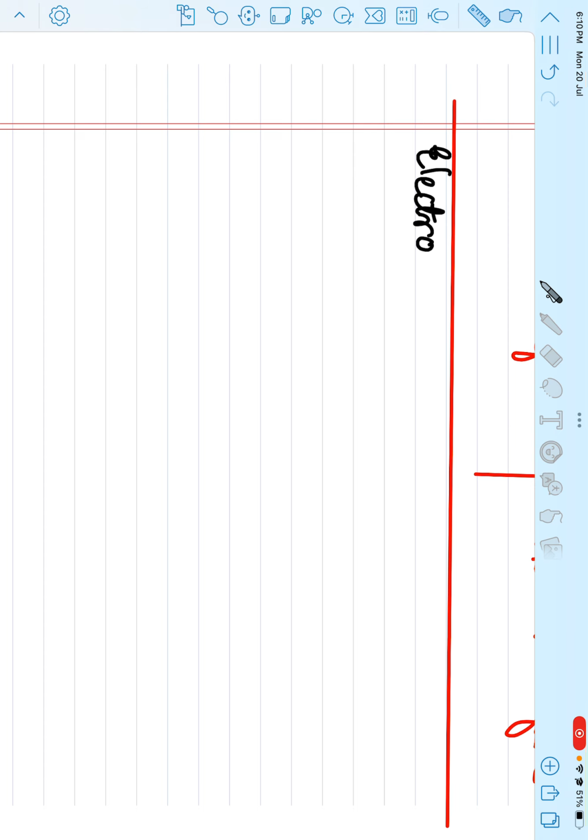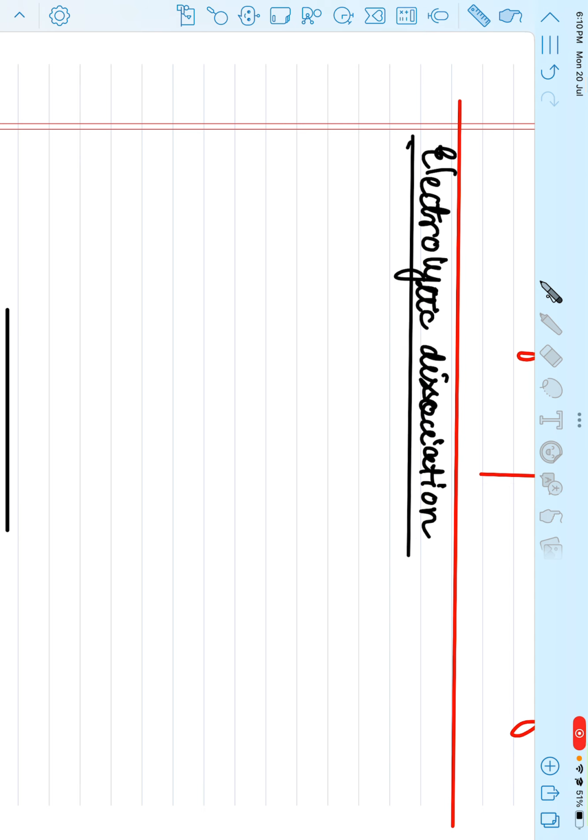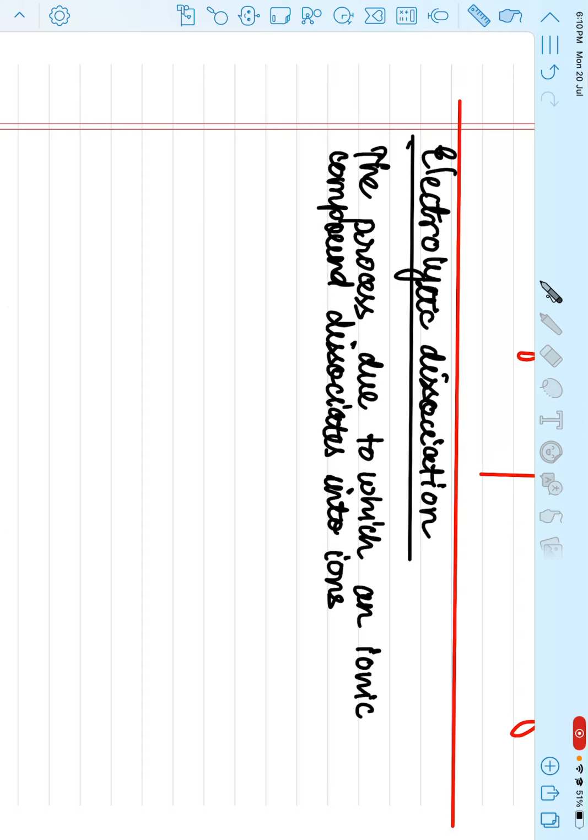It is the process due to which an ionic compound dissociates into ions. The process due to which an ionic or an electrovalent compound dissociates into ions in its fused state.